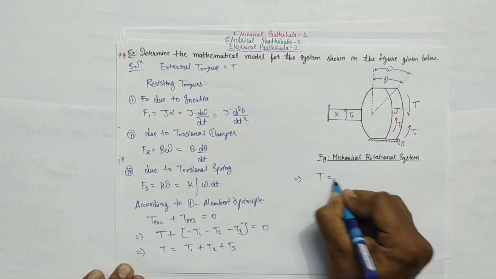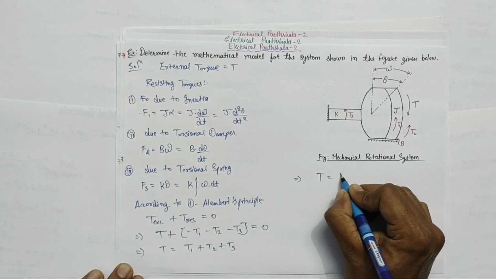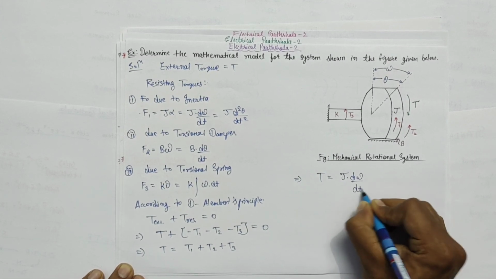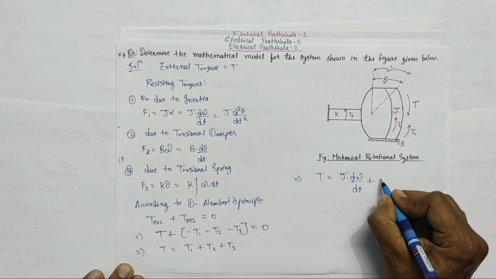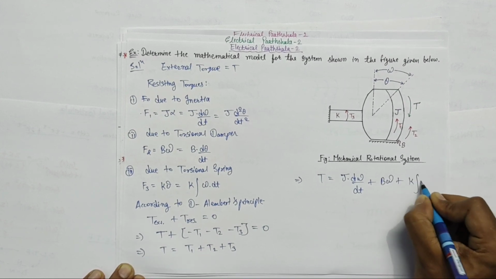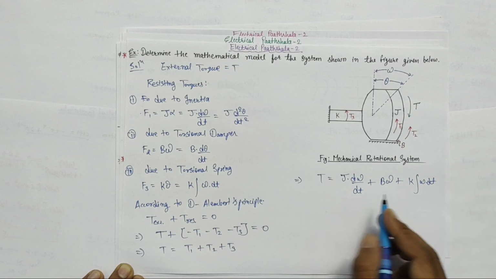So we can write T is equal to J into d omega over dt plus B into omega plus K into the integral of omega dt.